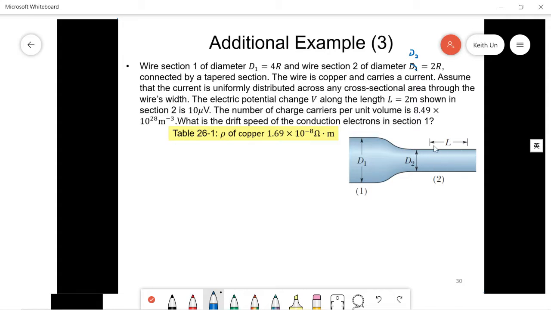So this part is 2 meters, 10 mV. The number of charge carriers per unit volume is 8.4 times 10 to the 28 per meter cubed. What is the drift speed of the conduction electron in section 1?